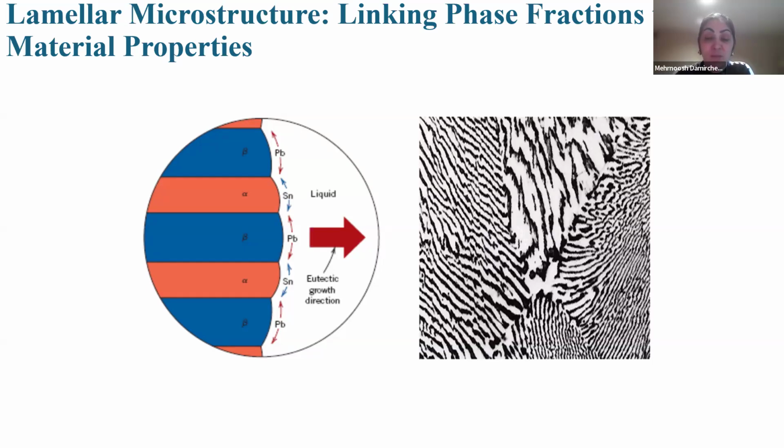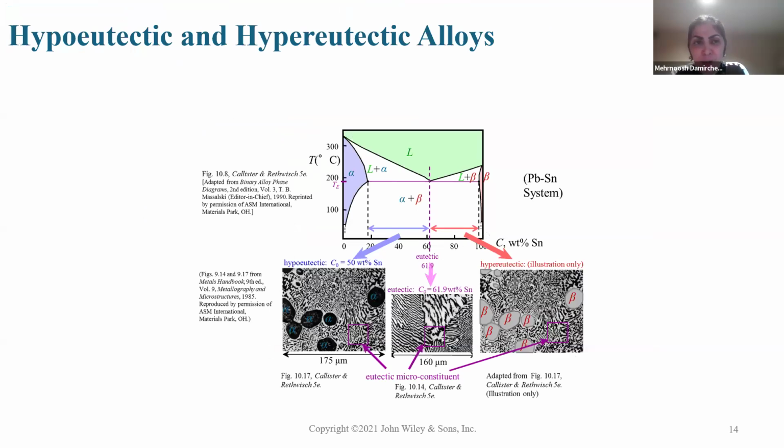The visualizations of microstructures help us connect phase diagram calculations with practical material properties, showing how a eutectic system produces a predictable and useful solidified structure. We talked about hypoeutectic and hypereutectic before, but let me summarize and review quickly. The dashed line is the eutectic composition, where we only have lamellar microstructure.